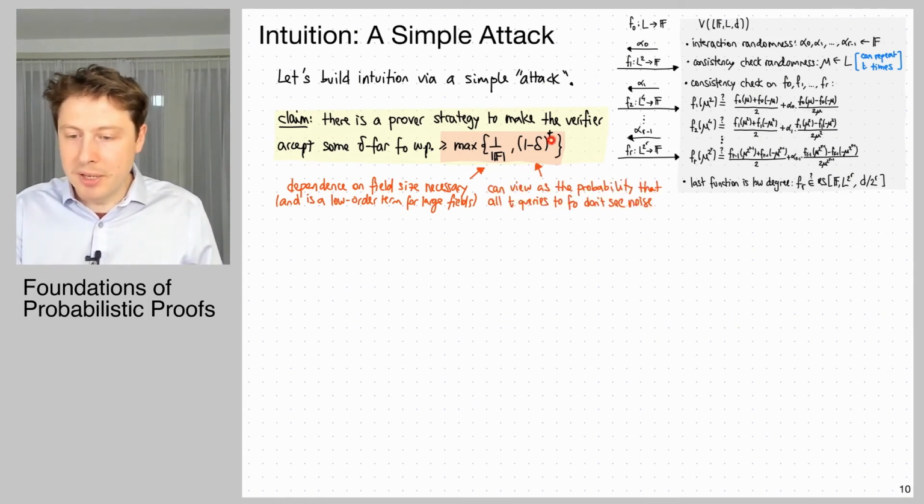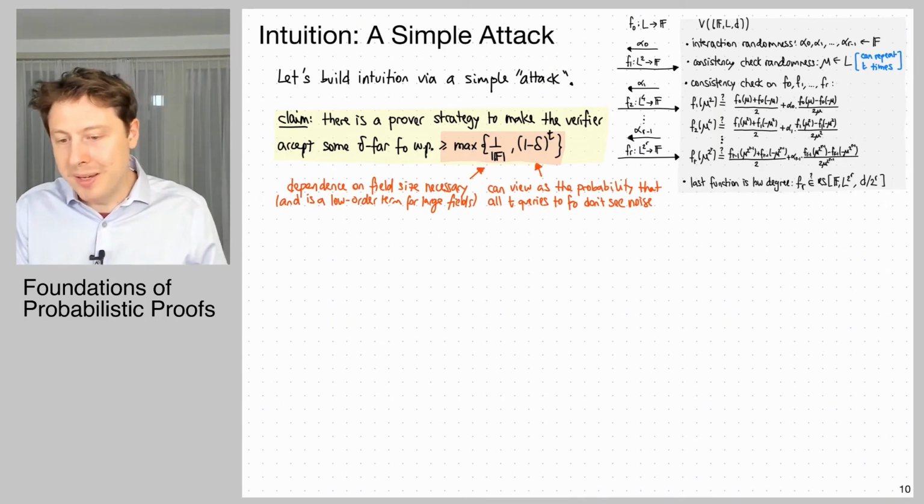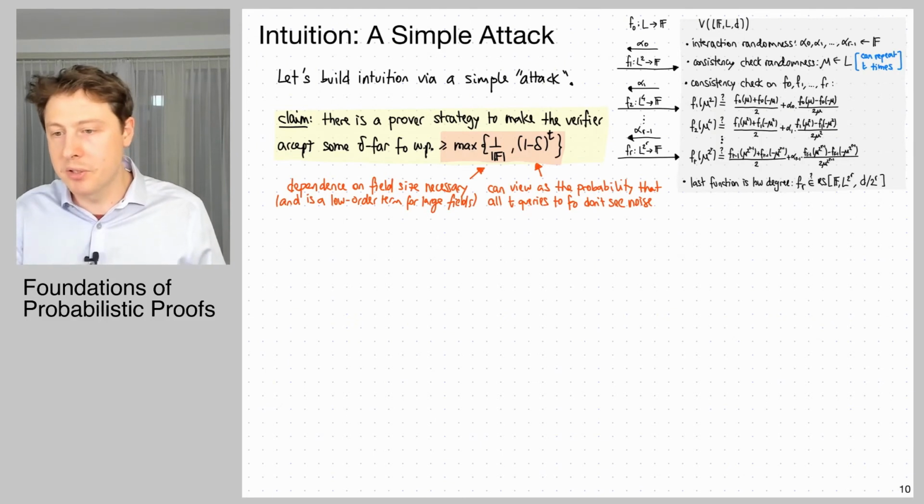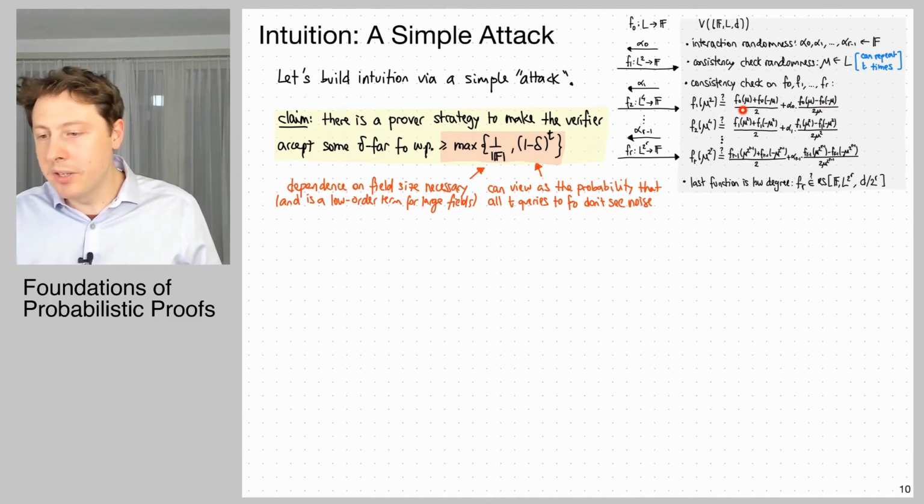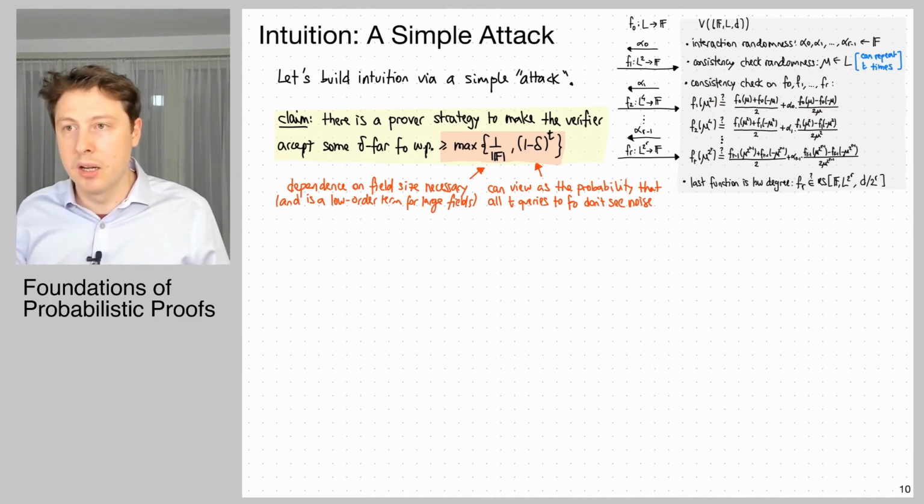And also some other term that should look familiar and nice, which is the probability that all t queries to f0 don't see any noise. If f0 is delta-far and you're making t queries to it, those t queries could all land where there is no noise.